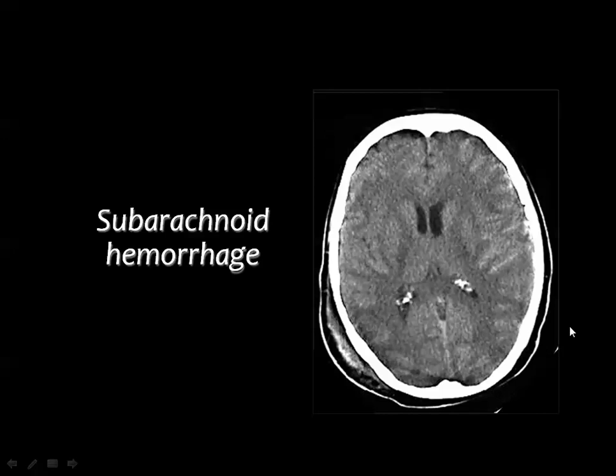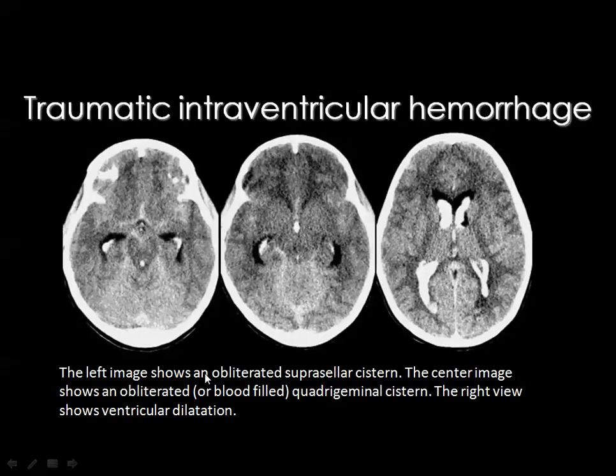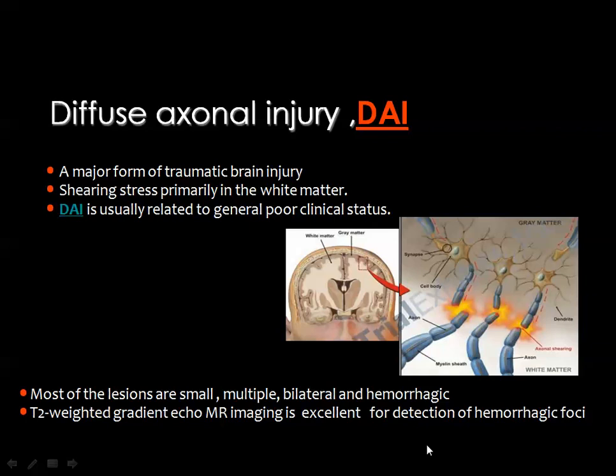This is an example of subarachnoid hemorrhage, and you see the hyperdensity within the cortical sulci. And you may also see hemorrhage inside the ventricles, as you can see, this hemorrhage within the aqueduct and in the lateral ventricles as well.